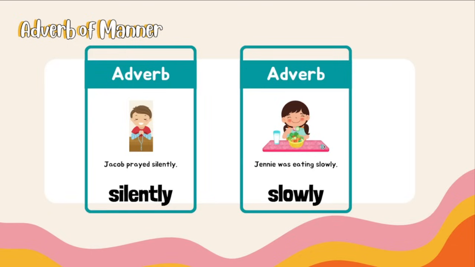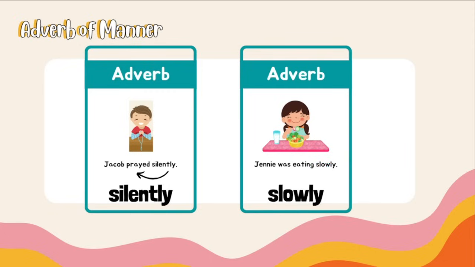Another example is, Jacob prayed silently. We have the word silently as an adverb and it modifies the word prayed. Prayed is also an example of a verb. Another here is, Jenny was eating slowly.